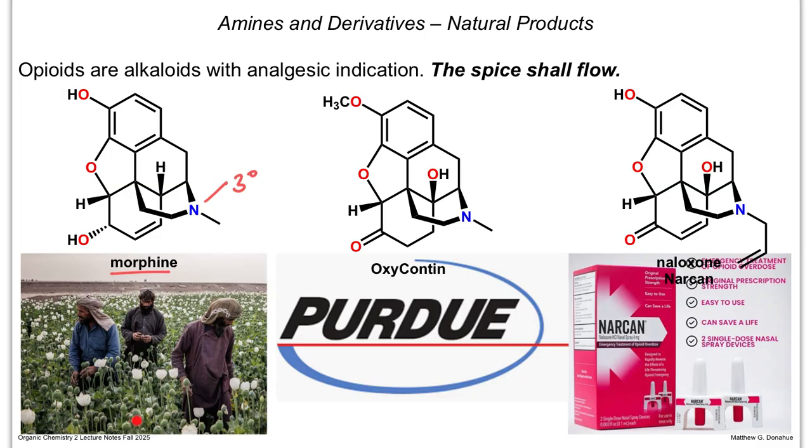But basically, the pod produces this latex. So like if you cut it with a razor blade, this Elmer's glue looking stuff comes out. And then from that, morphine can be isolated. So its therapeutic indication is it's an analgesic, so that means it's a painkiller.